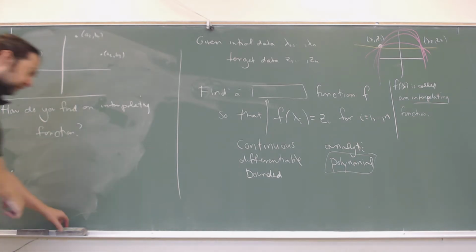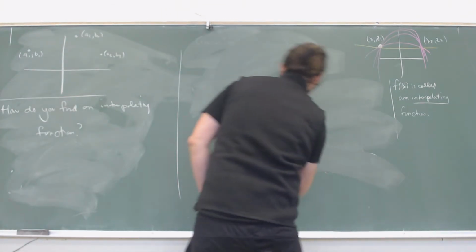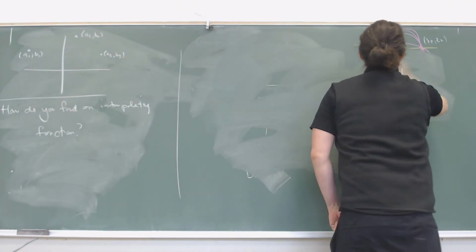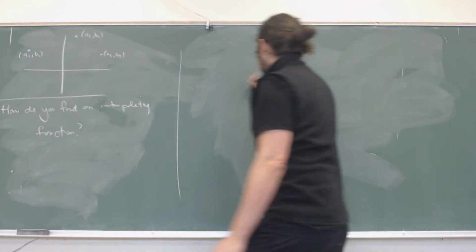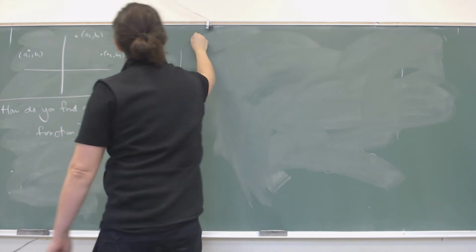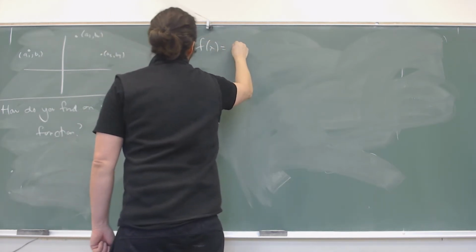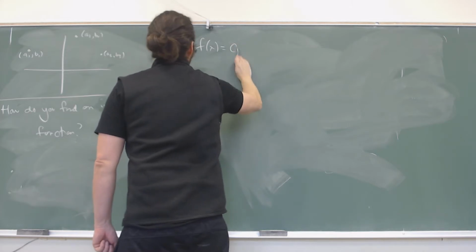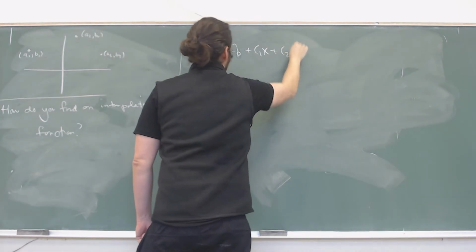So in this particular problem, if you want a polynomial solution, you might guess that because there are 3 points, you can find a parabola that uniquely determines them. So you write down the system of equations and say, it must be the case that f of lambda is equal to c naught plus c1 x plus c2 x squared.